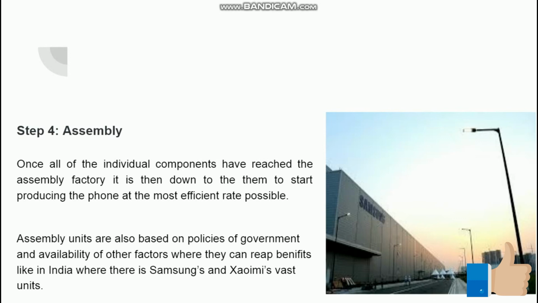The assembly units are also based on government policies and the availability of other factors, where they can reap most of the benefits, like in India where there are Samsung's and Xiaomi's vast units. Here is Samsung's new assembly unit, where some parts are manufactured and exported to other countries as well. It's a huge step for India for multinational companies to be placing their assembly and manufacturing units here.